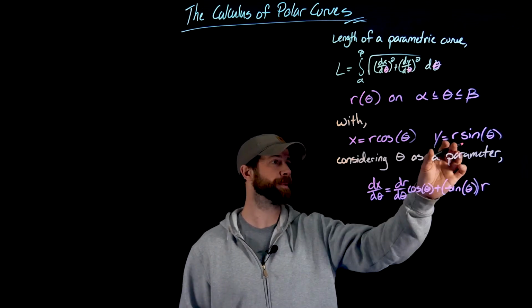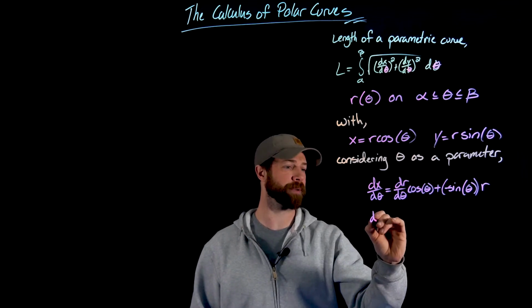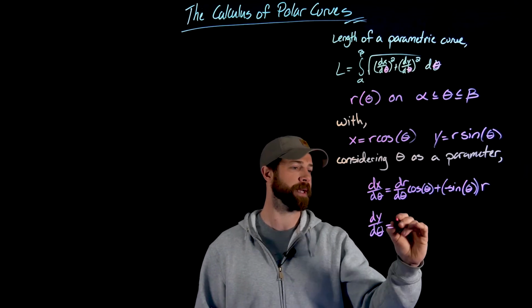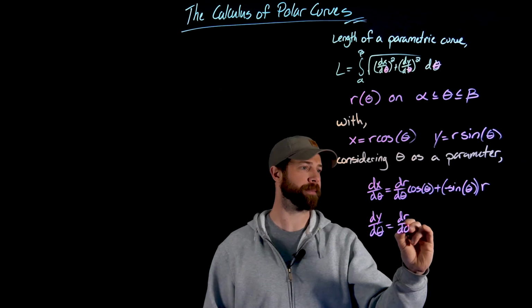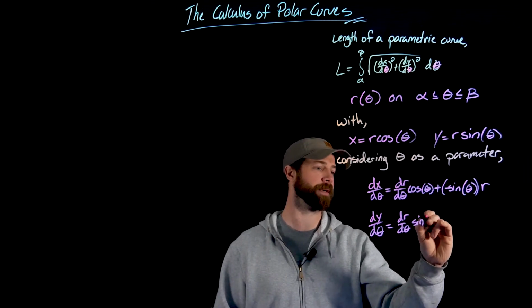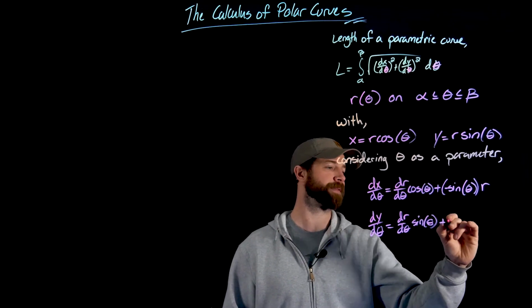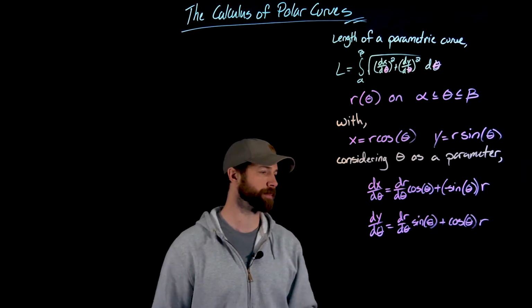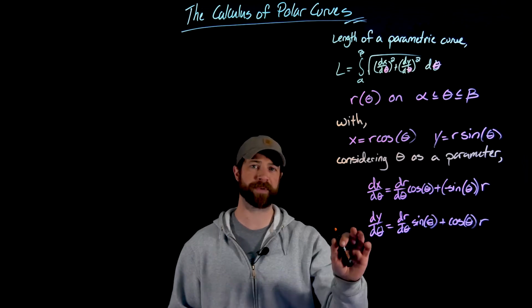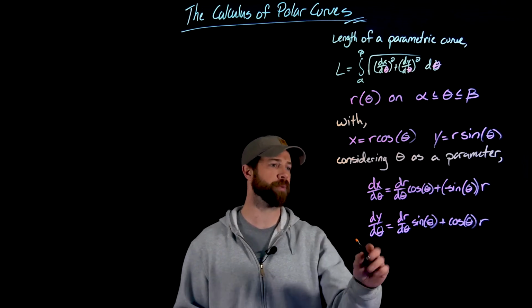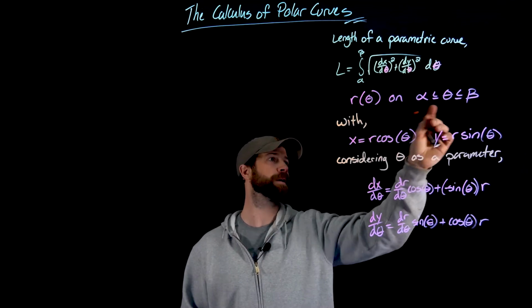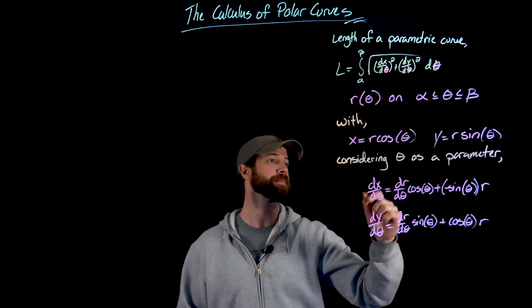Giving the same treatment to y, if I differentiate both sides with respect to theta, I get dy d theta on the left-hand side, and dr d theta times the sine of theta, plus the derivative of sine, which is cosine, times r. So now I have expressions for both dx d theta and dy d theta, where we have this function r of theta, with theta varying from alpha to beta.